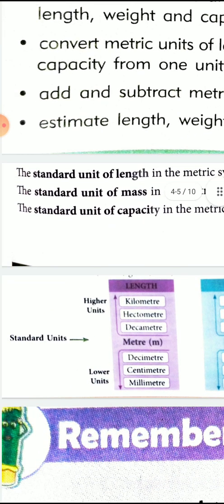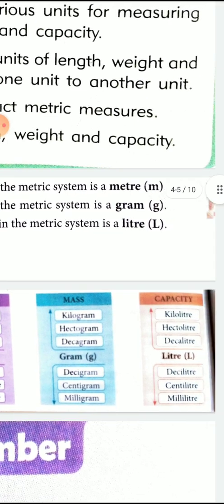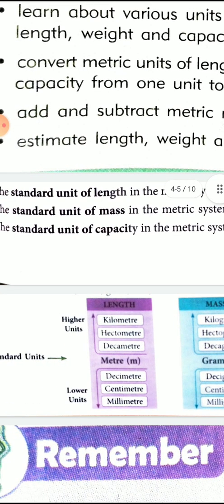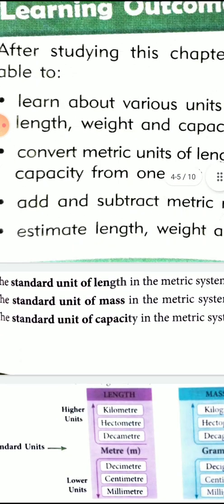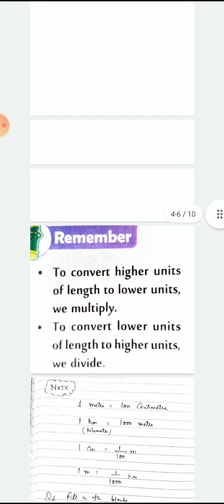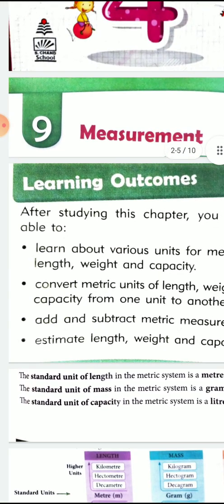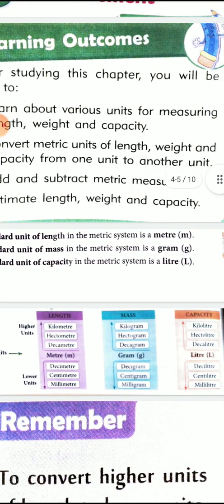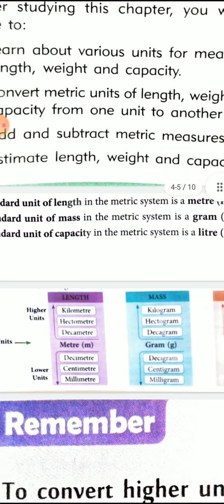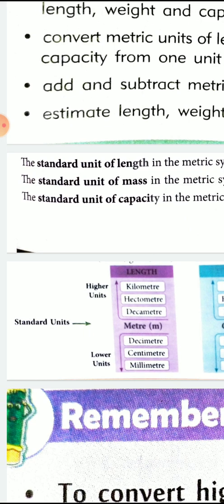and the unit of mass in the metric system is gram, and the standard unit of capacity in the metric system is liter. Okay, these are the standard units, but some are higher units and some are lower units of these standard units.